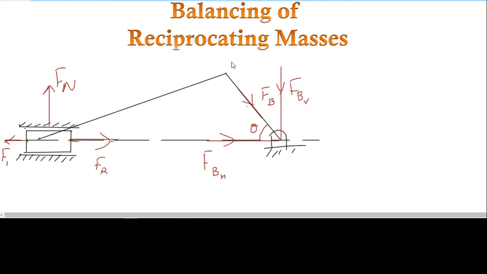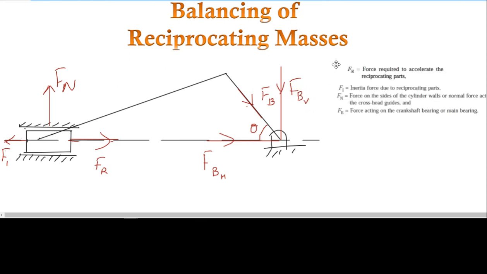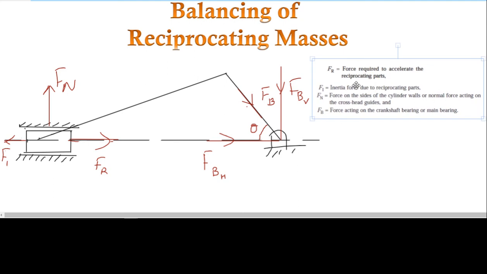So to sum up, these are the forces shown. Fr is the force required to accelerate the reciprocating parts. This may be equal to gas pressure. Fi is the inertia force due to reciprocating parts, reciprocating parts meaning mainly the piston.